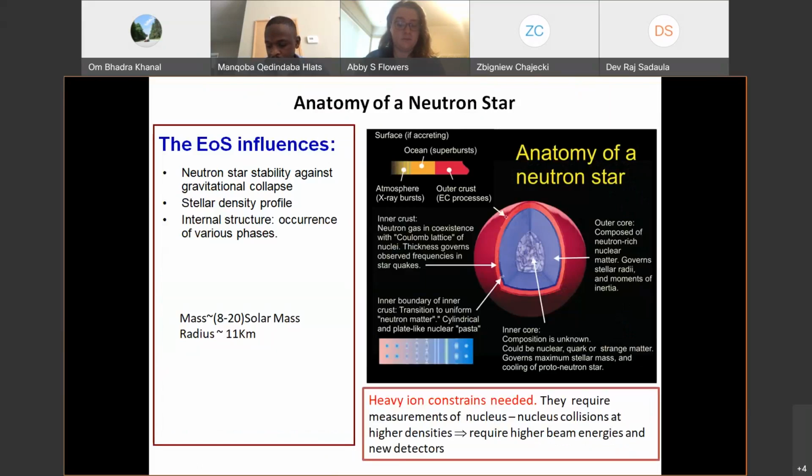And the neutron star has a radius of around 11 kilometers, and the mass is around 8 to 20 solar masses. So, small stuff: you see the 11 kilometer sphere with highly dense matter in the center, in the core. So it's interesting. People are interested to know more about the physics inside the neutron star. And let me move to another slide.